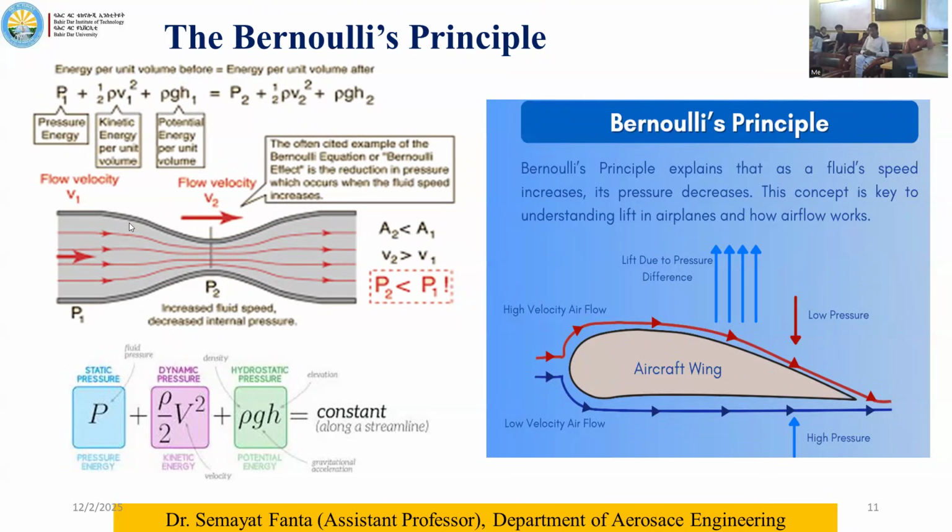Pressure energy is there. Again, we have kinetic energy. Again, rho gh is potential energy. The sum of pressure energy, kinetic energy, and potential energy is constant according to Bernoulli's principle. So P1 plus half rho V1 square plus rho gh1 is equal to P2 plus half rho V2 square plus rho gh2.